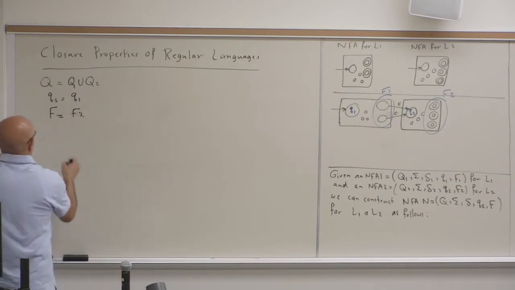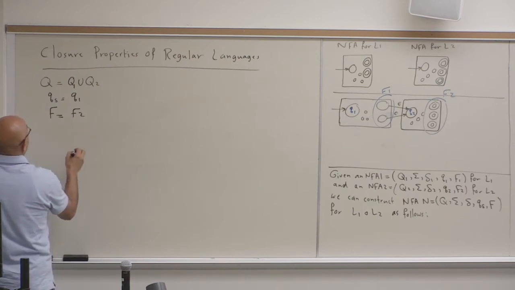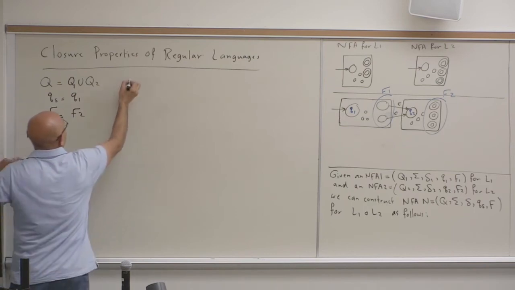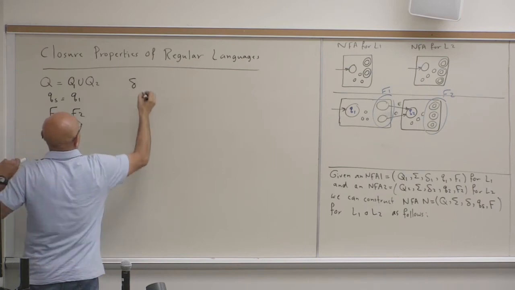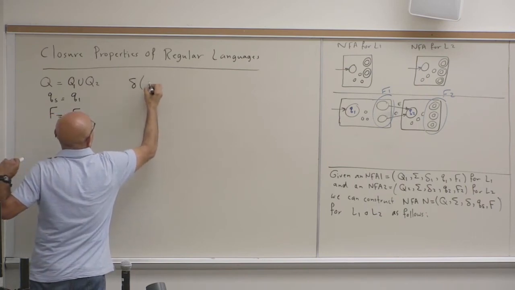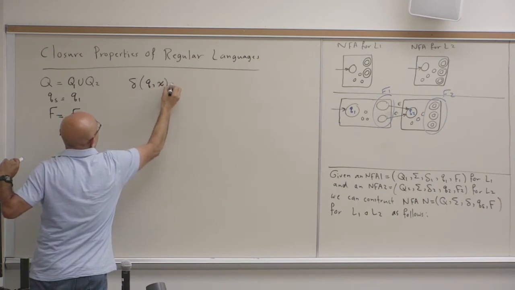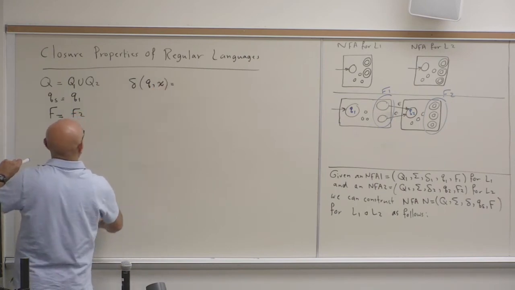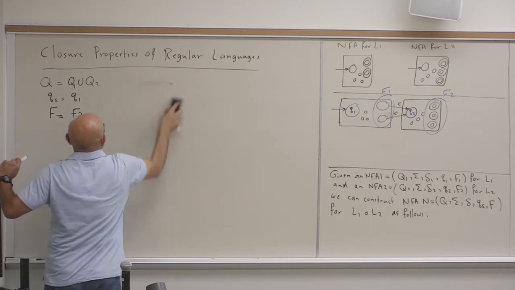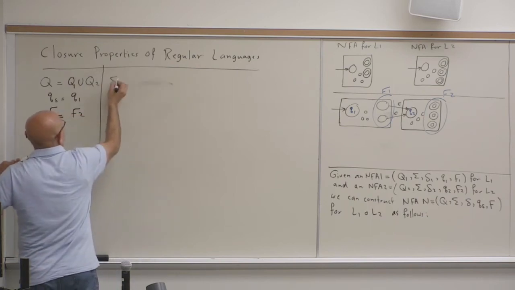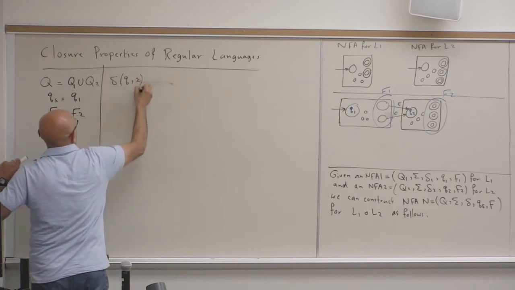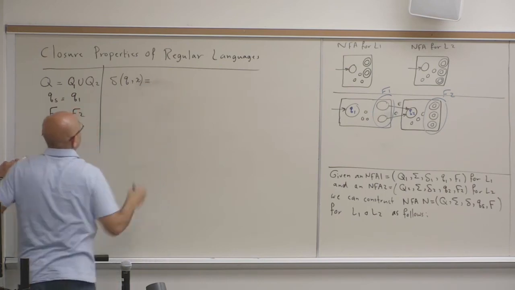Okay, now delta, that's the interesting part. Now delta of Q and X equals delta of Q and X. I'm trying to survive with little space.